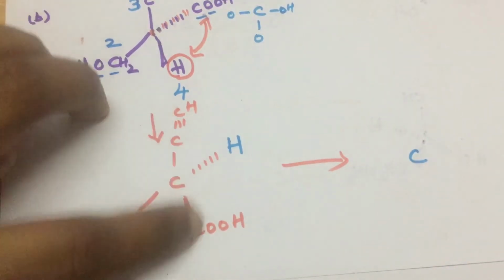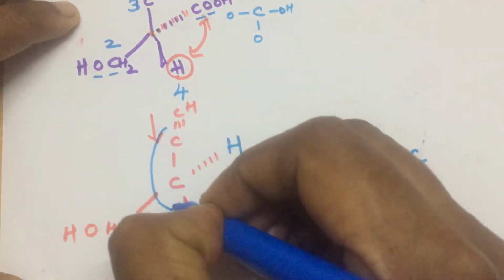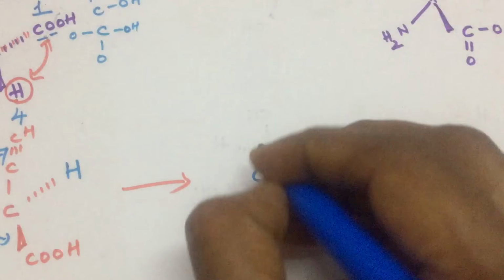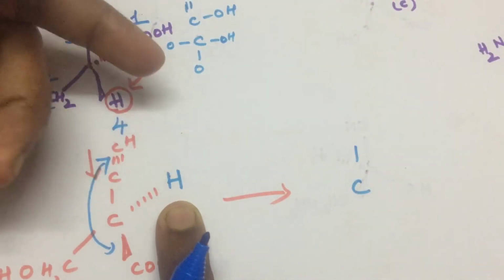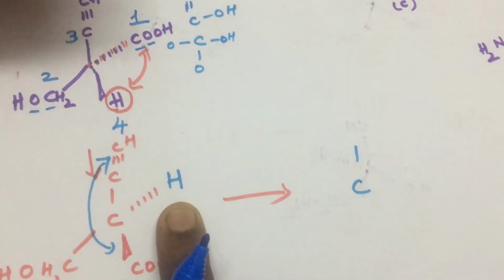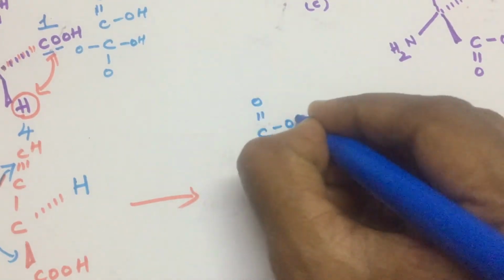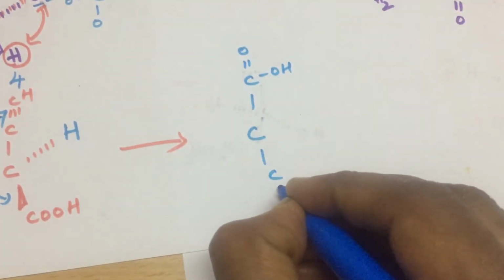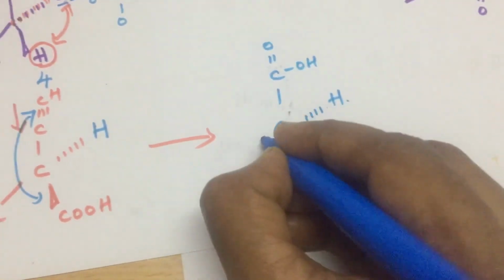For a change I'm going to swap these two, keeping this one intact, because my motive is to bring the hydrogen away from the viewer. Carboxylic acid here. Any two groups you can change, no problem.